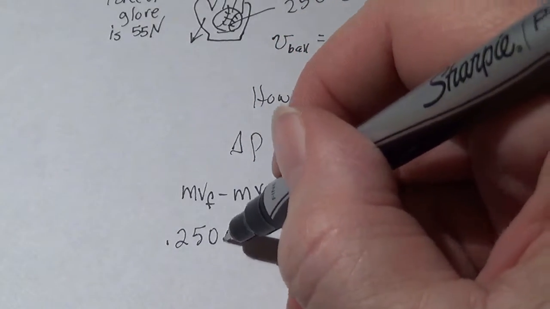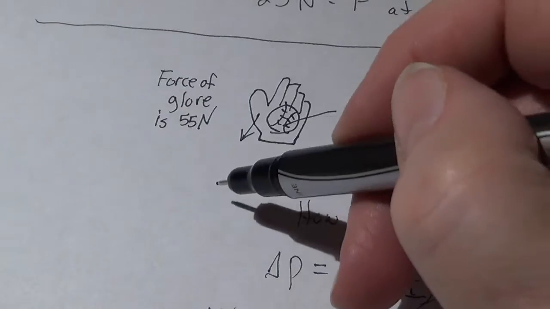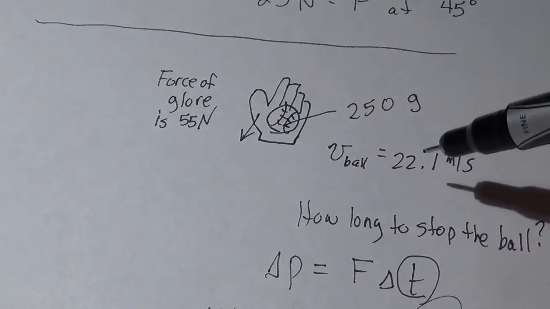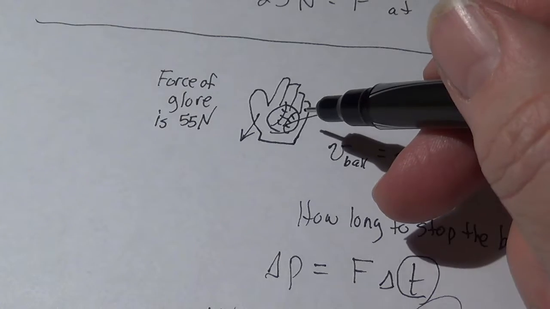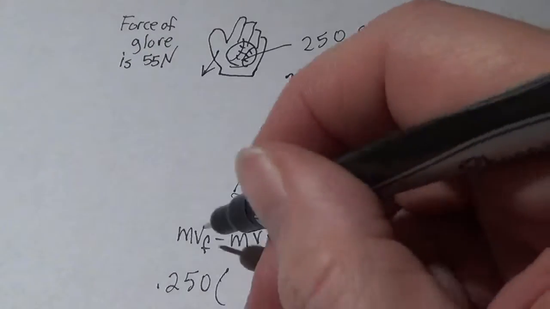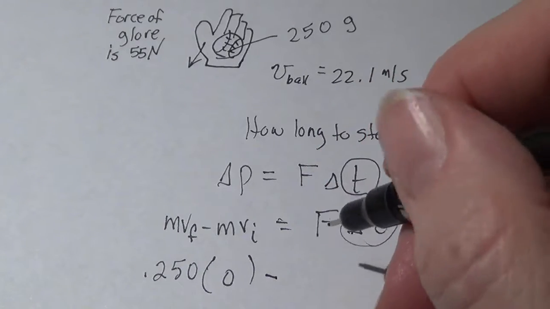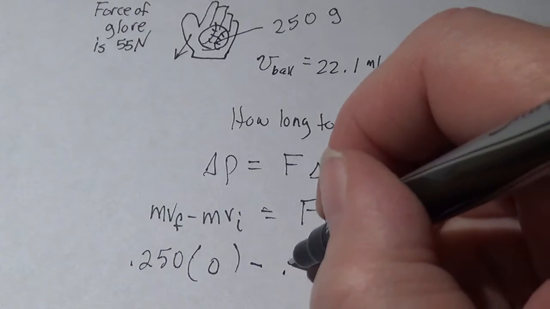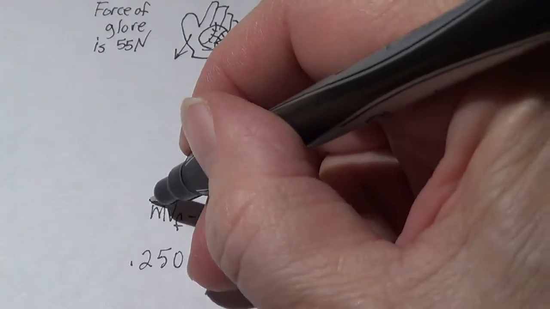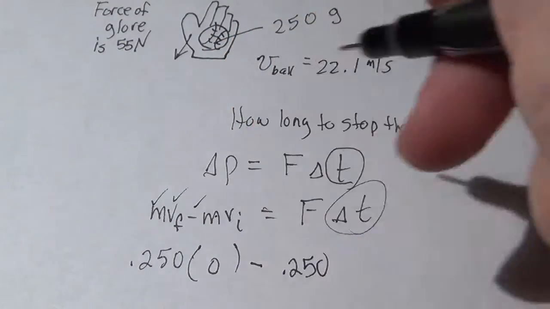Velocity final: the ball is coming toward the glove with this velocity, but at the end of the problem it is still. So velocity final this time is 0. So it depends on the scenario. The mass is 0.250.